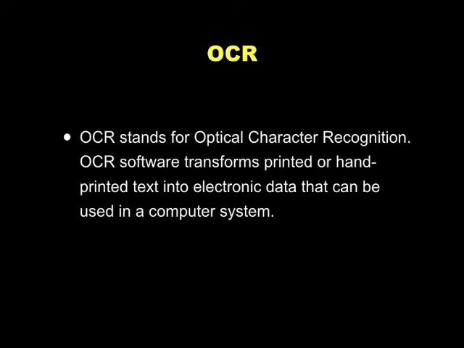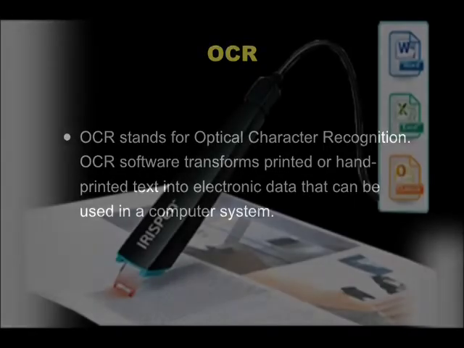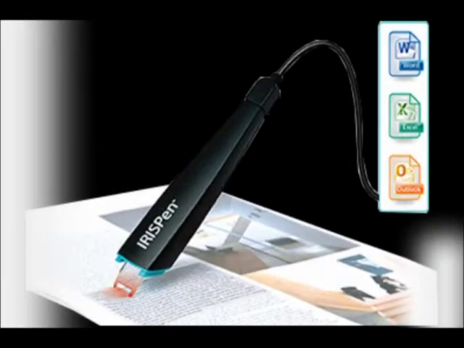OCR stands for Optical Character Recognition. OCR software transforms printed or hand-printed text into electronic data that can be used in a computer system. All OCR software starts with an electronic image of the text, usually created with a document scanner. Some people think of this as an OCR scanner, but the OCR is actually performed by optical character recognition software after scanning.